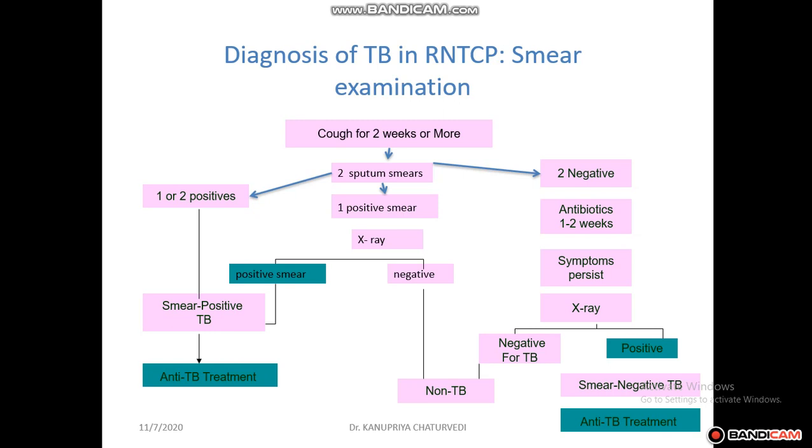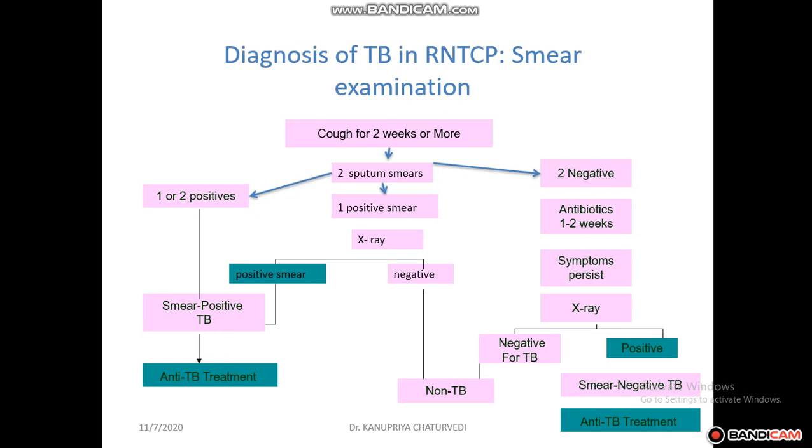Suppose both sputum smears are negative, then it may be because of some other reason that the patient has got the cough, maybe because of asthma or other respiratory issues. Then the patient will be provided with antibiotics for 1 to 2 weeks. If the symptoms persist, then an X-ray is again taken, checking for positivity or negativity of TB.